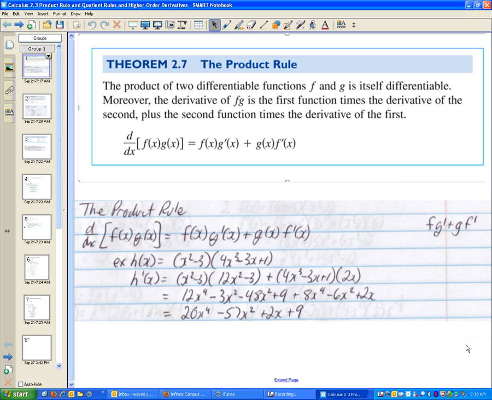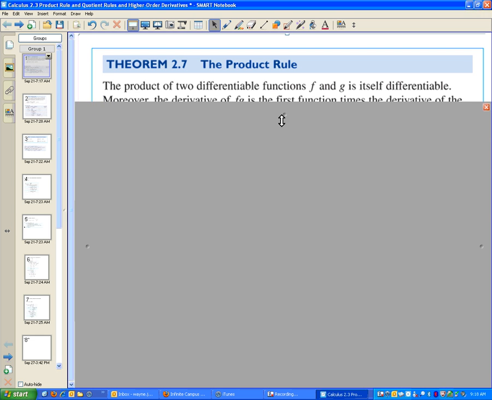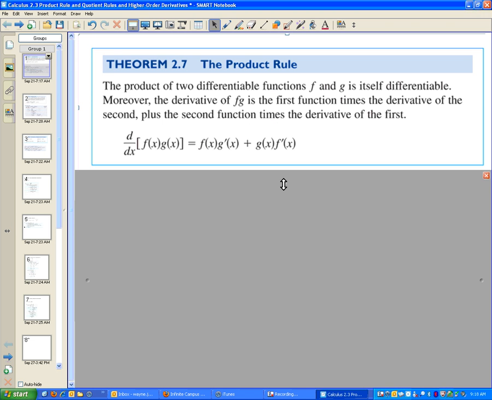So up until now, the only things we can find derivatives of without using the definition are basically polynomials, right? And sine and cosine. If we had two quantities multiplied together, or a quantity divided by another quantity, unless we could rewrite it so that we could use the combination rule or one of our trig rules or the constant multiple rule, then we had to use the definition.